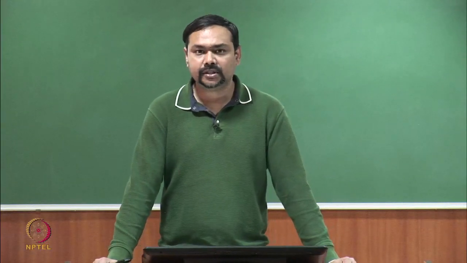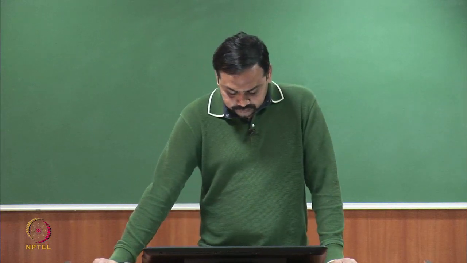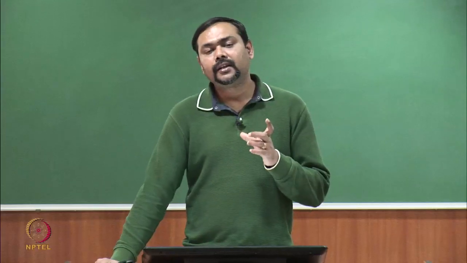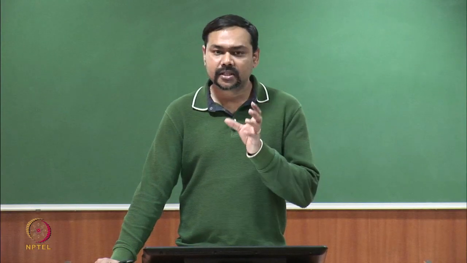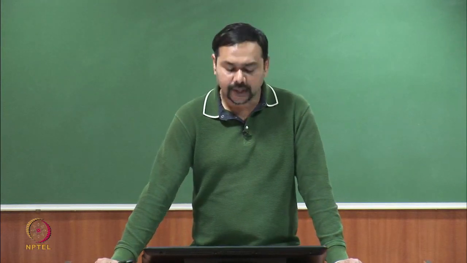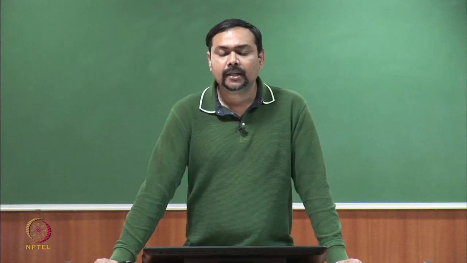This is for the half bridge case. Even within this 10 microseconds, we should see what happens, and the IGBT should be chosen in such a way that the I square T rating is sufficiently high, so that the fault current during this 10 microsecond time does not destroy the IGBT.